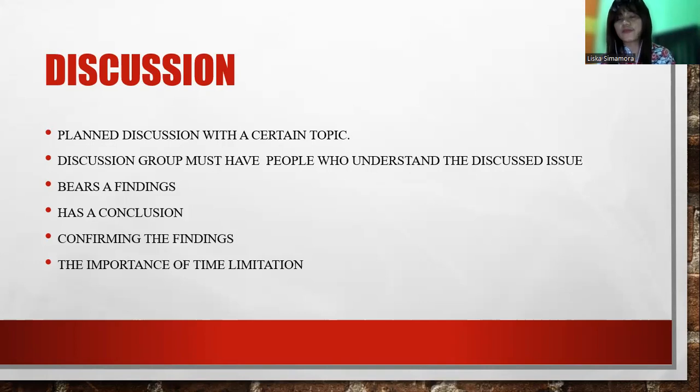So here, to discover the problem, particularly in the agriculture field, you have to plan the discussion with a certain topic. It means you have to invite the people that you think will understand that topic, get together, and tell them what topic you are going to discuss.